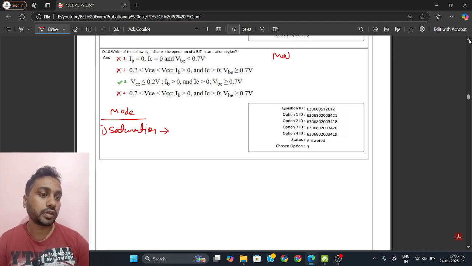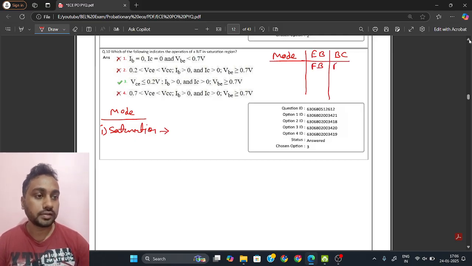This is the mode table, and we have emitter to base junction, and then base to collector. Generally when this is in forward bias and this is also in forward bias, then we can say that transistor is working in saturation region.